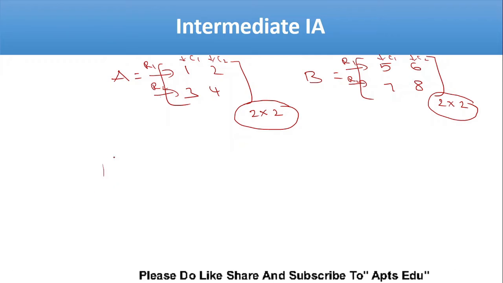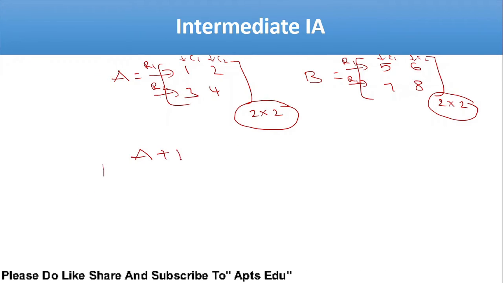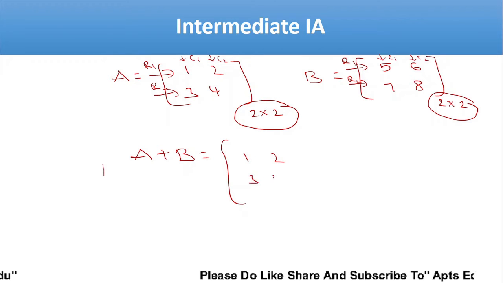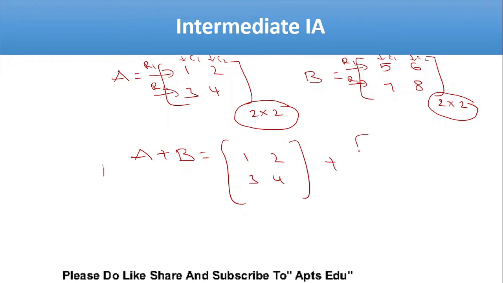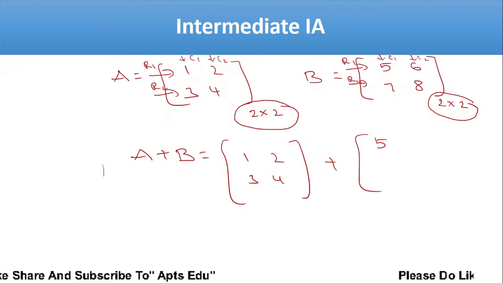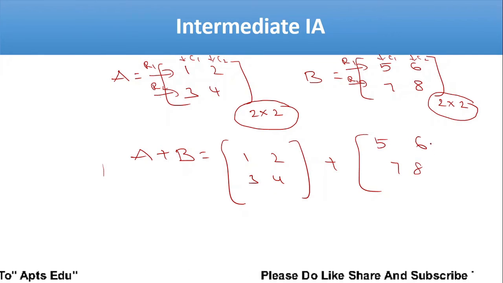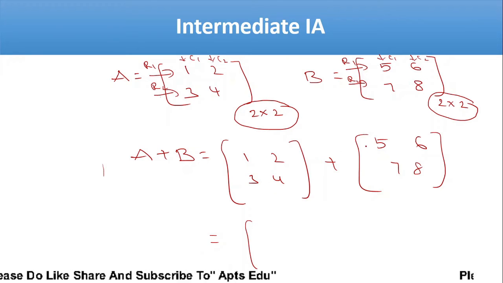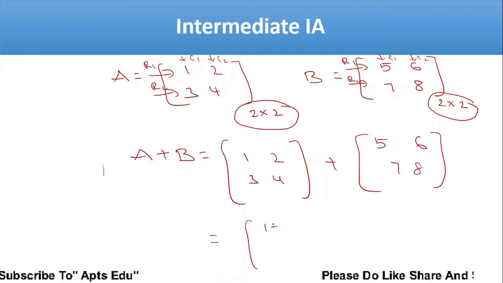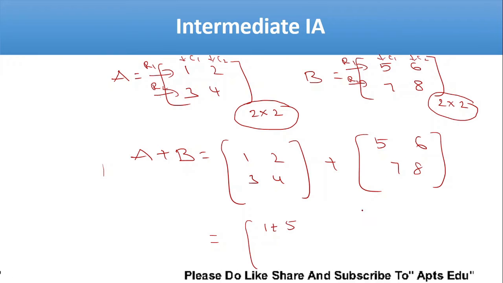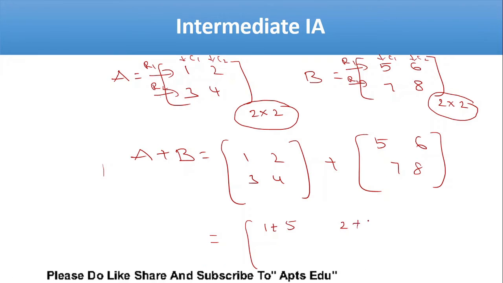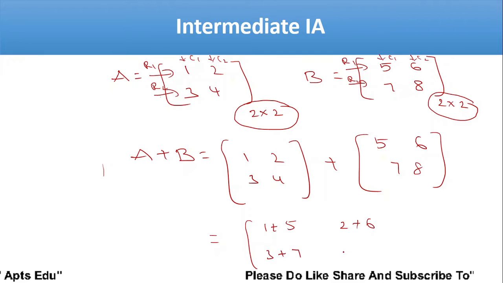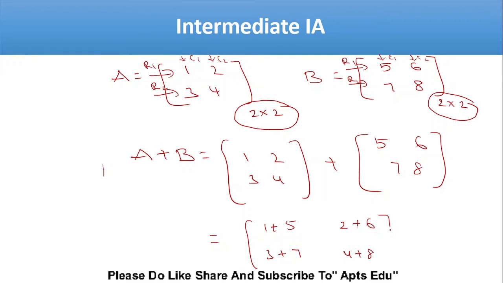We'll see. For example, if they ask you to find A plus B. So A plus B is 1, 2, 3, 4 plus B, which is 5, 6, 7, 8. Now I'll add 1 plus 5, 2 plus 6, 3 plus 7 and 4 plus 8.